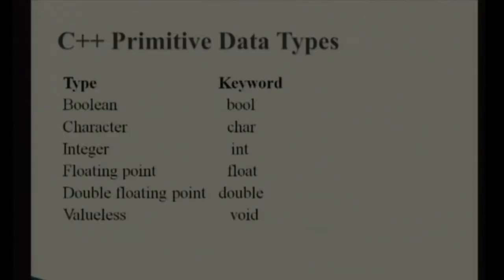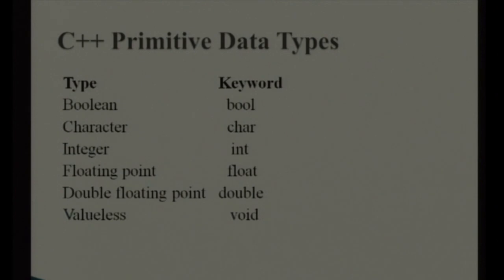Now, let us discuss the primitive data types, some basic data types which are available in C++. You can see the list on the screen: Boolean, character, integer, floating point, double floating point, and one valueless type, void.